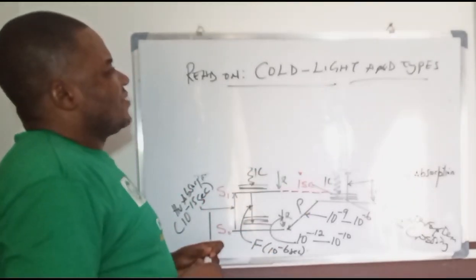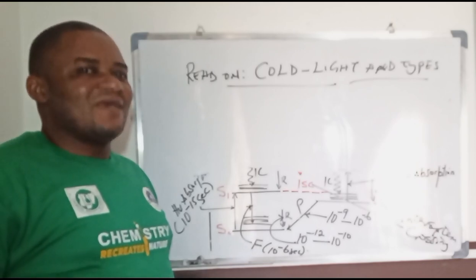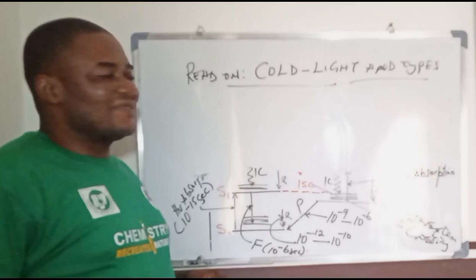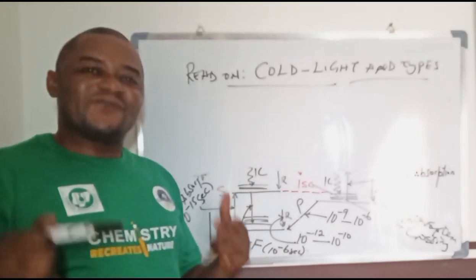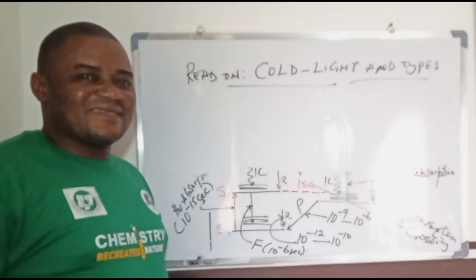Surprisingly, you're asking, what is cold light? What are we talking about? What are cold lights? It is there. Research on it, read on cold lights and their types. It will help you to understand more about radiative and non-radiative transitions.